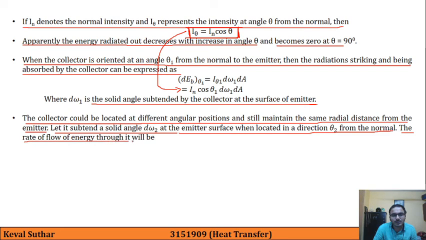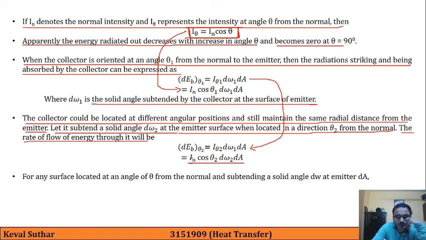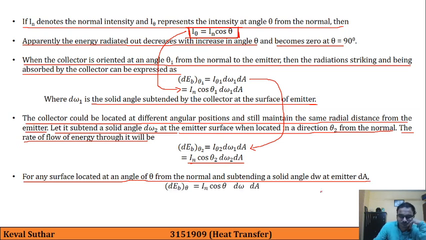The rate of flow of energy through it will be similar, using a similar formula. So for any surface located at an angle theta from the normal and subtending a solid angle dW at emitter dA, we can write dEb theta is equal to In cos theta dW into dA.